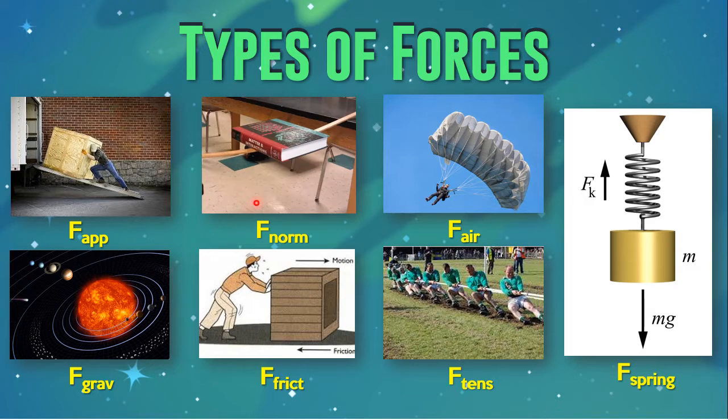Next one is the normal force here. So the normal force is the support force exerted upon an object that is in contact with another stable object. For example, if a book is resting upon a surface, for example, this one here, it will exert a force downward.